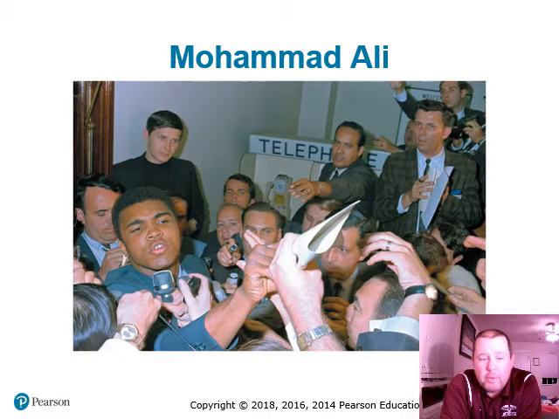His case made it all the way up to the Supreme Court, and basically he was given the freedom to not fight because it conflicted with his interpretation of Islam, that Islam is supposed to be a peaceful religion. And so he refused to fight, and ultimately the courts agreed with him, because there are other religions that have also been given exemptions in that regard.